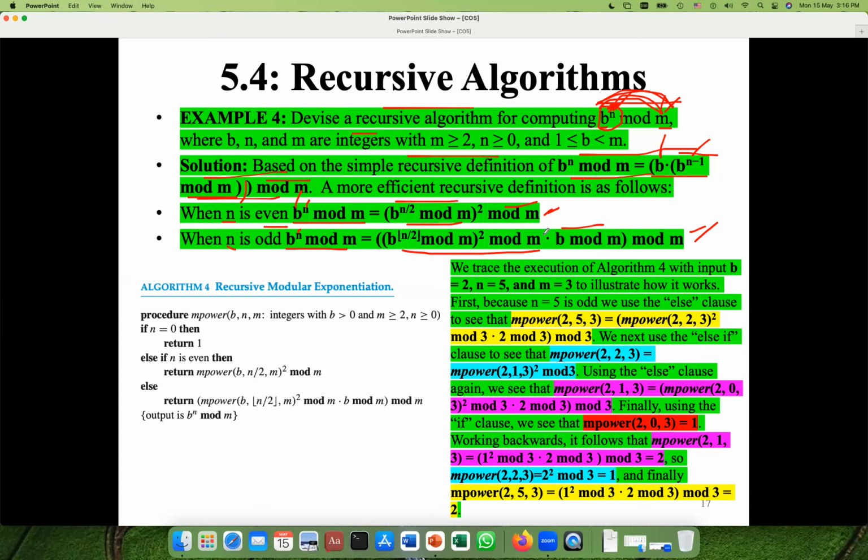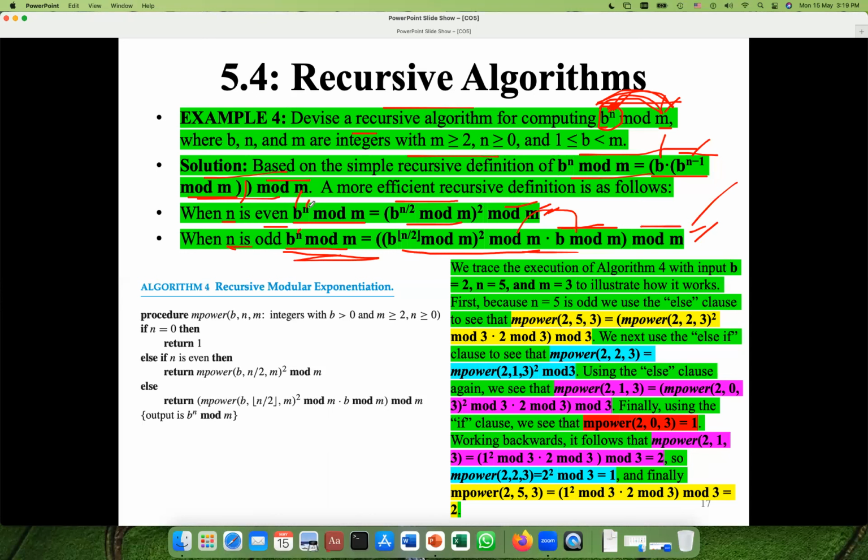So here you have done the even case, which is clear, but there is something extra for the odd number, which you multiply with that result, and you will have a result that is finally divided by m. Anyhow, this is the recursive definition for this formula when n is odd, and this is the recursive formula when n is even.